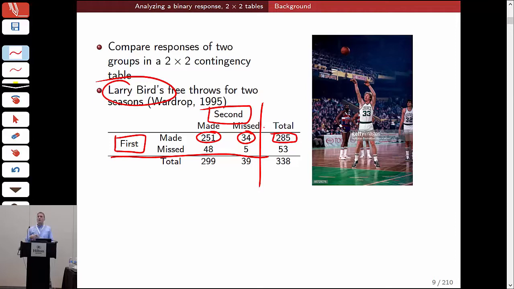Now, for those of you who may be basketball fans, what kinds of questions would you be maybe interested in answering with this kind of data? What do you think? Does the probability of a second make go down if I miss the first one? Exactly.